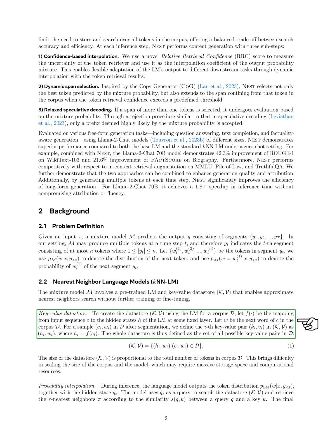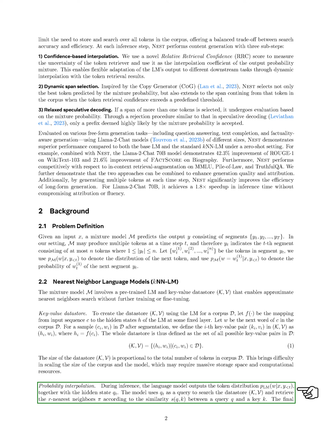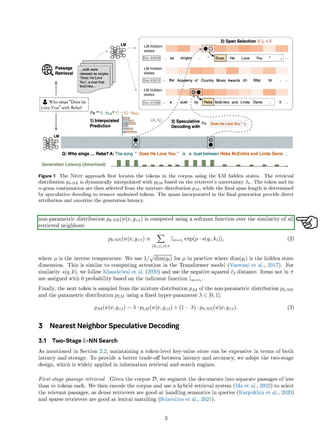Section: Probability Interpolation. In this section, we work on probability interpolation. During our inference process, our language model gives us a distribution of tokens along with a hidden state. We use this hidden state as a query to search a data store and find the nearest neighbors based on similarity. The final distribution is calculated using a softmax function over the similarities of all the retrieved neighbors.